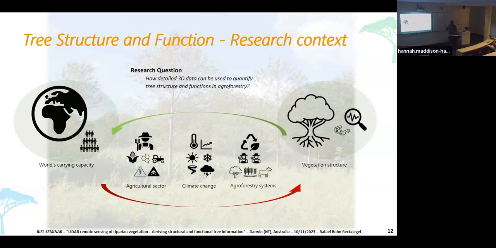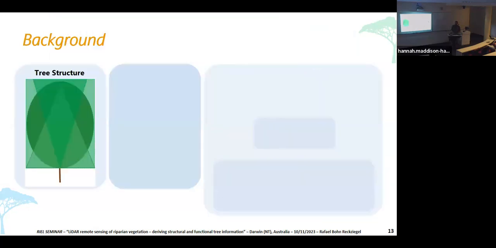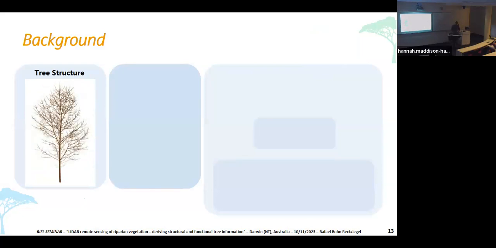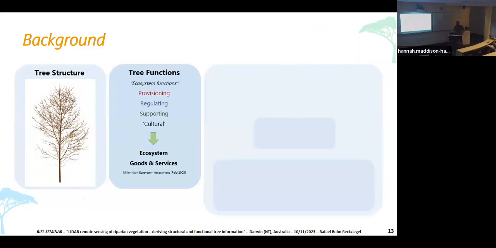And now, knowing a lot about tree structure, we can also derive information on many aspects related to crops, tree and crop interaction, and tree and livestock. Previously there was this simplicity in understanding tree structure, but in fact, things are a bit more complicated. From that structure, we have many ecosystem functions that can be realized.